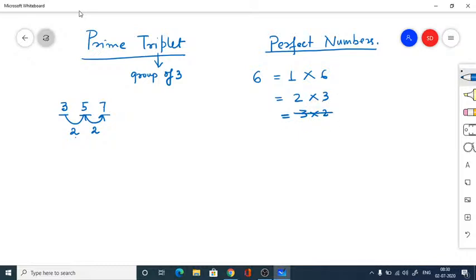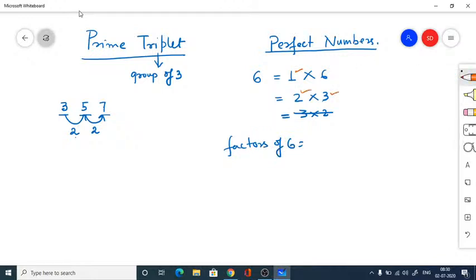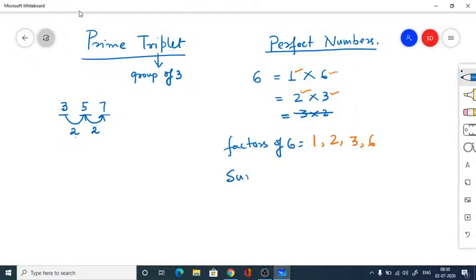So what are the factors? Factors of 6 equal 1, 2, 3 and 6. Now if we add all the factors, the sum of factors is 1 plus 2 plus 3 plus 6, which is equal to 12.